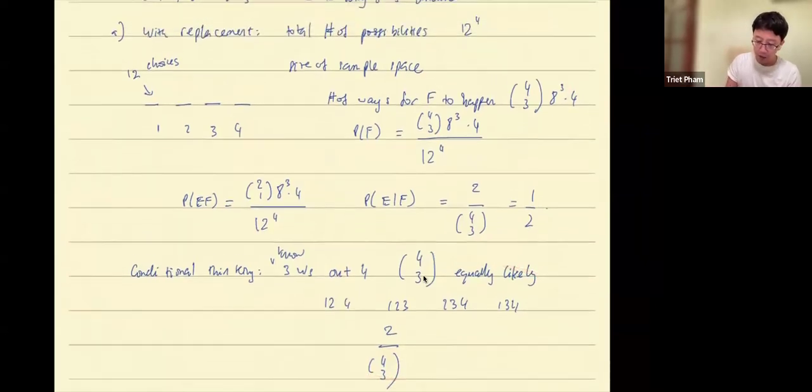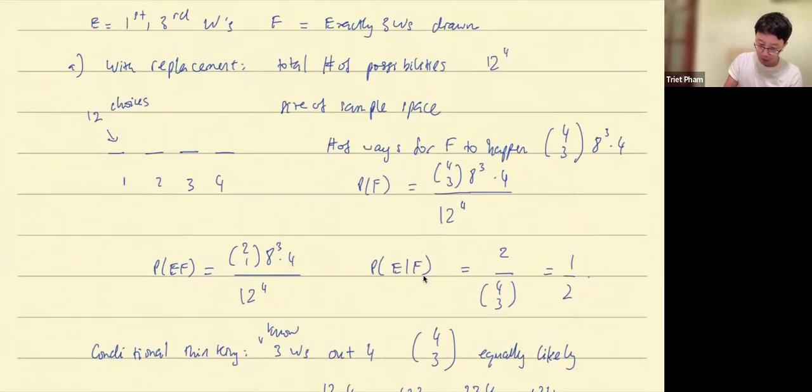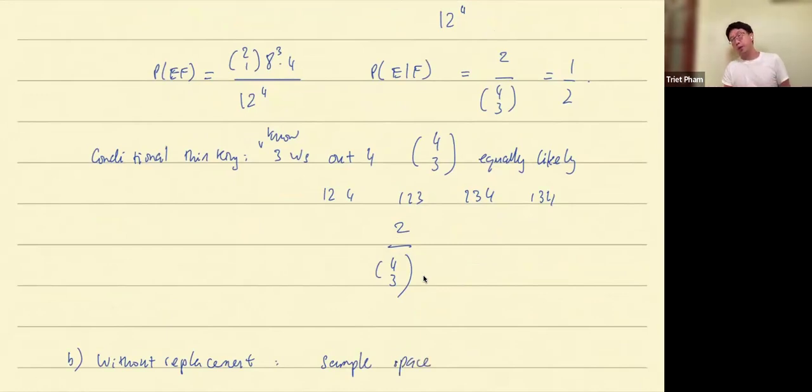All right, so now let's continue, without replacing. First of all, the important question to ask, which we did not ask last time, is the sample space. What are we doing?